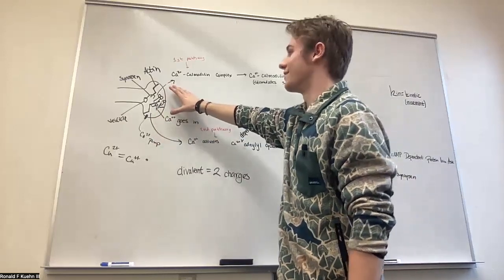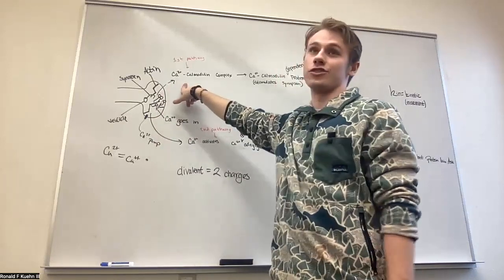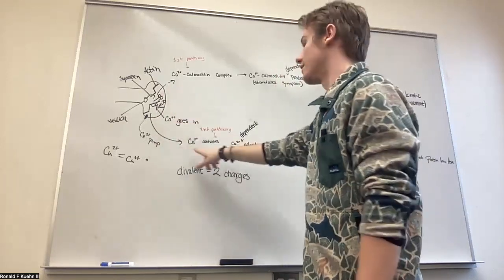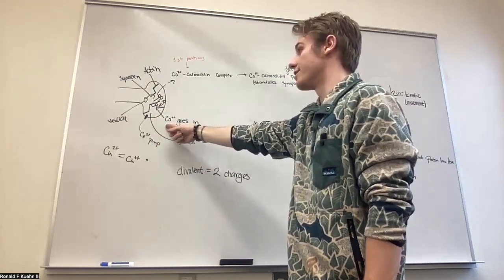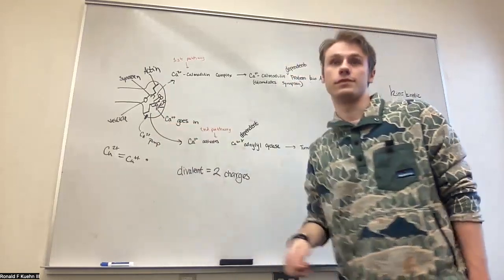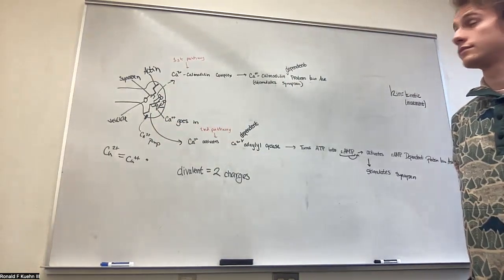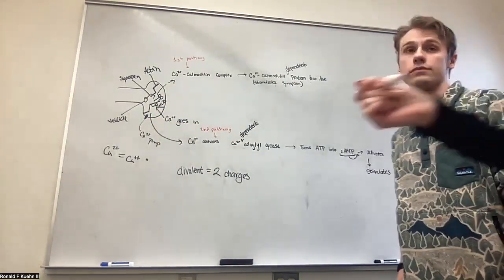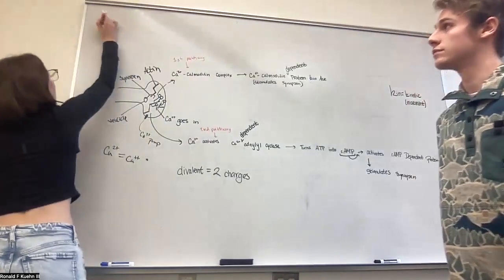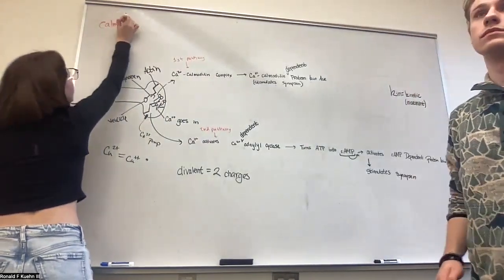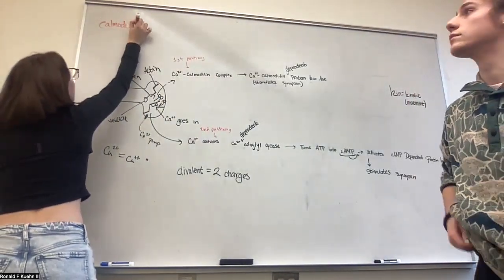This is kind of confusing. These arrows coming out are just the pathways that result from this. Calcium goes in, and then inside it activates calcium calmodulin complexes, which then bind to the kinases, and then that stimulates synapsin.